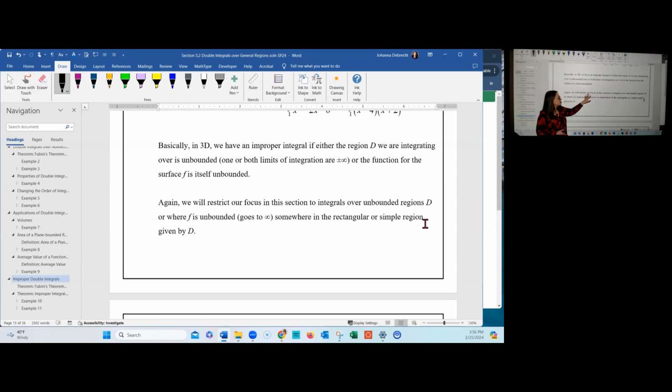Again, we're going to restrict our focus to integrals over unbounded regions D, or where the function value, the z value, goes to infinity somewhere in the rectangular or simple region given by D.